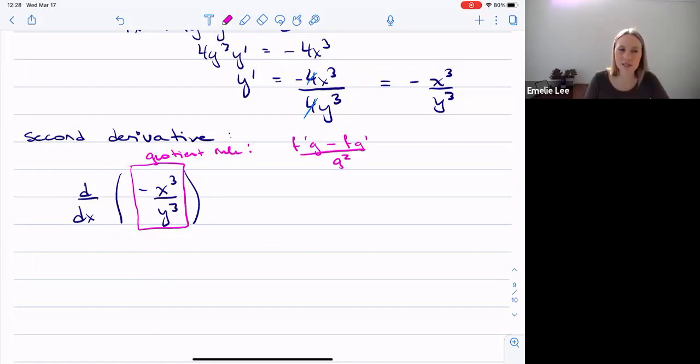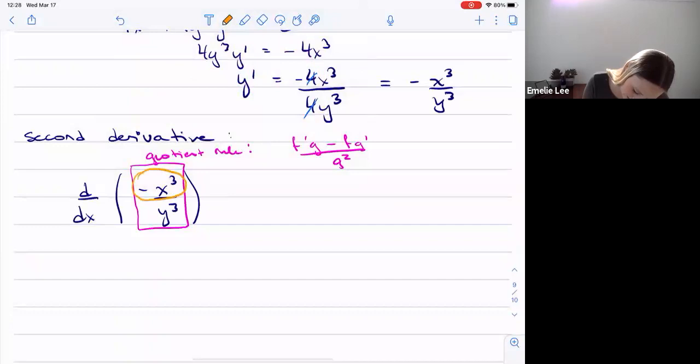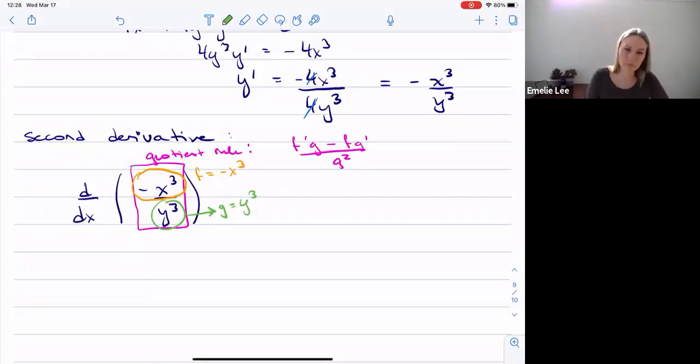In this case, let f be negative x to the 3, just so we don't have to deal with that negative, and then I'm going to let g be y to the 3. Doesn't matter which one you make the negative, but just make sure only one of them is the negative.